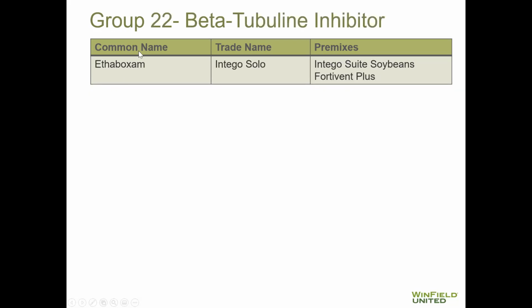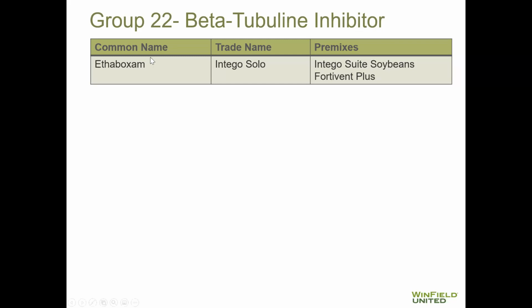A new one, ethaboxam, very, very good on Pythium control. And we're starting to see this in some seed treatments on the soybean side. However, Mefenoxam still works really well for Pythium control. However, on the corn side now, we're starting to see ethaboxam.